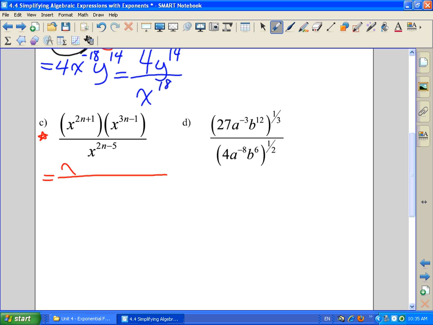So when we multiply with the same base, we add the exponent. So you've got 2n plus 1 plus 3n minus 1. Okay? Good news is when we go to collect like terms that we're adding these and the expression won't be so difficult. So let's simplify the numerator now.